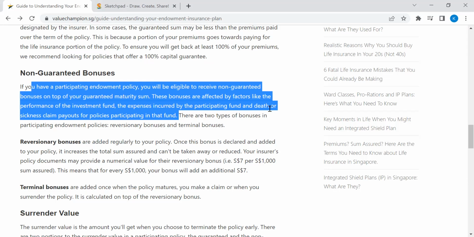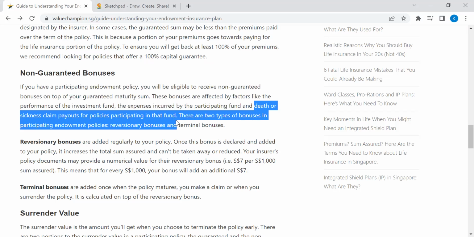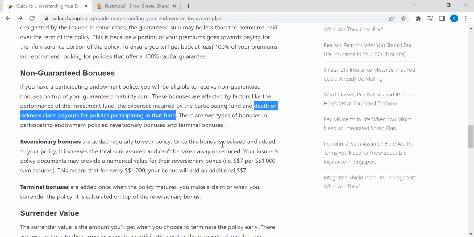Then the next thing, the death or sickness claim payout from the policies participating in that fund, is actually not a primary factor. The fund performance and the expenses determine 90% of the non-guaranteed bonuses. The claim experience of the participating fund does not really matter that much.